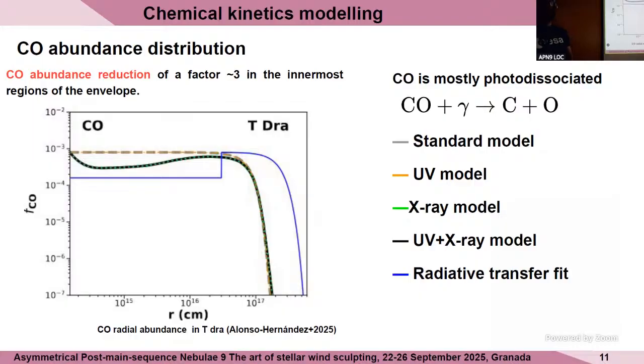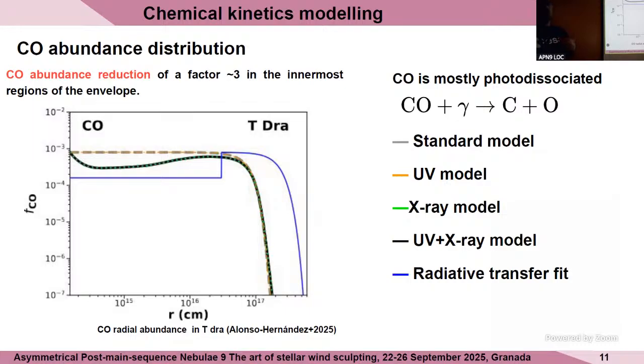It is within the uncertainties. Good question. Yes, well, the blue line is the one which better fits the line profiles, and we did some kind of ad hoc profile.